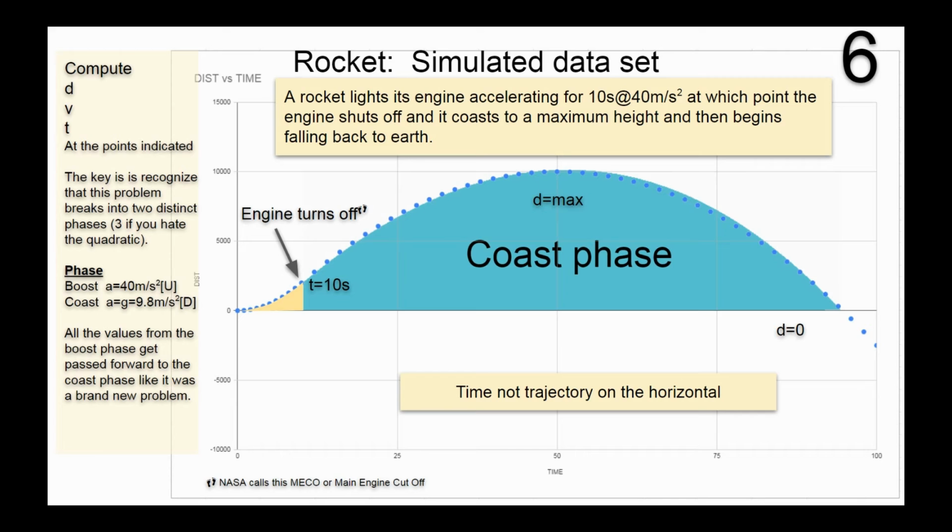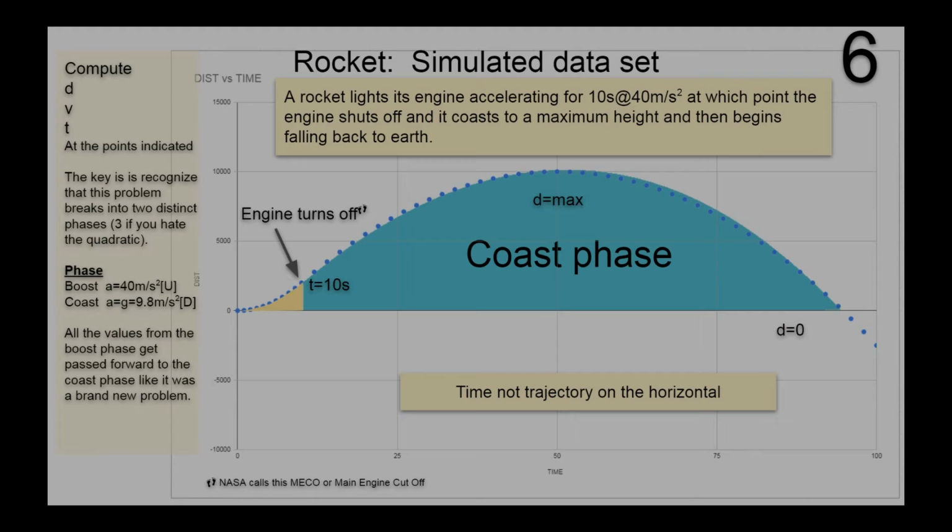And the second phase occurs when the engine's cut off and the rocket coasts and is now only subject to gravity. So we have 2 phases, the boost phase and the coast phase. In NASA terminology, they call MECO, or main engine cutoff, when the rocket is finally on its way to space.